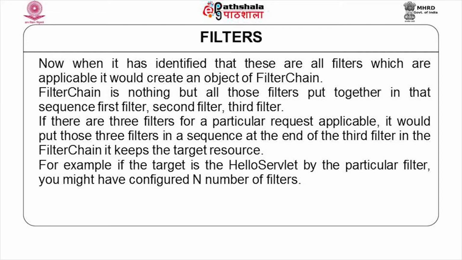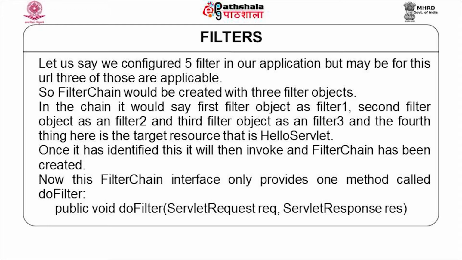In this chain it would say the first filter object is filter 1, the second filter object is so and so filter, the third filter object is another one, and the fourth thing which we have here is the hello servlet, which is actually the targeted resource. Once it has identified this, it will then invoke. So, filter chain has been created. Now, how does it work? The filter chain interface only provides one method, and that method is called doFilter. This doFilter method has only 2 parameters, the servlet request and the servlet response. So, what is being done here?